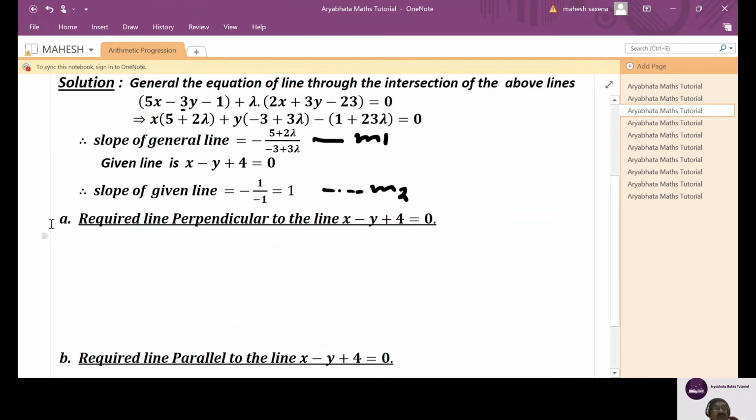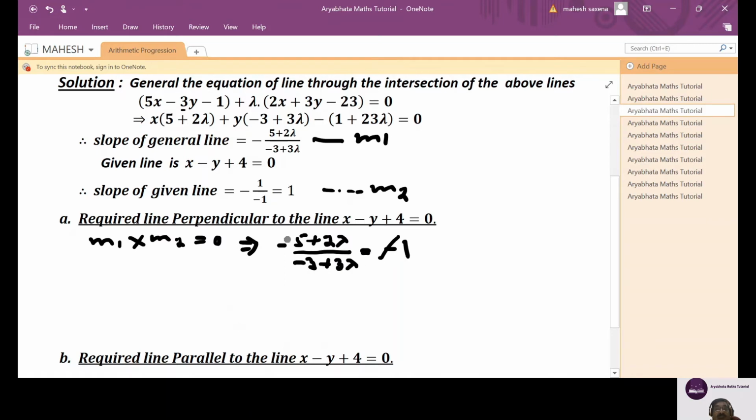In the first case, we have to find the line perpendicular to x − y + 4 = 0. Since the line with slope m1 and the line with slope m2 are perpendicular, m1 × m2 = −1.